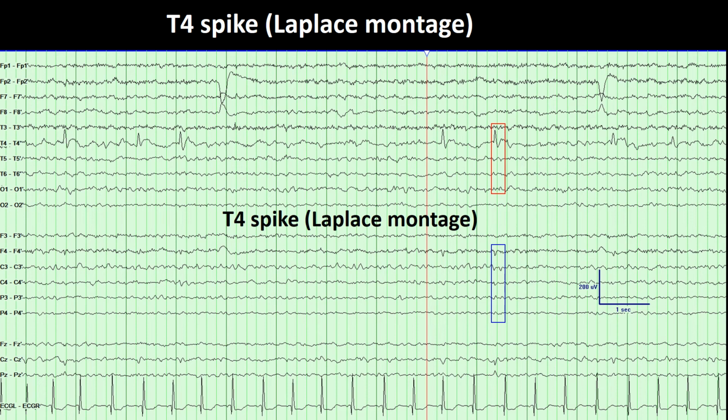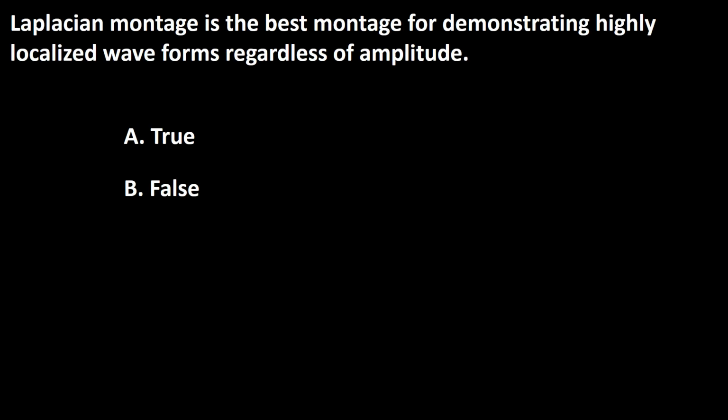Now in the Laplacian montage, the T4 is very prominent, and the wave with no phase reversal, the one in the blue rectangle, is less noticeable. So the answer to this question is true.